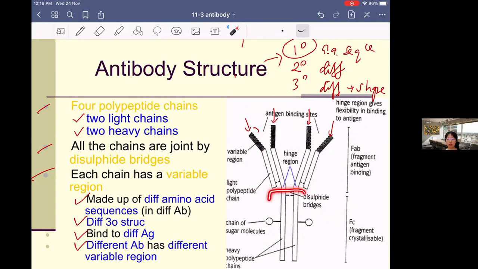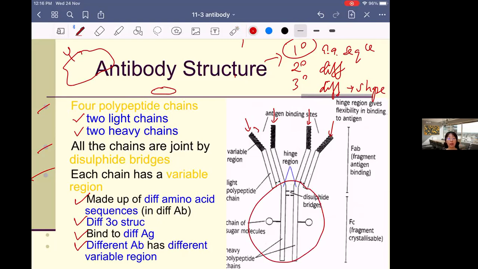So this is the region where the macrophages have got the receptor for this region here. So regardless of antibody, as long as the foreign microorganism has been marked by antibody, this region of antibody can bind to this receptor because this is a receptor for the FC region of antibody.